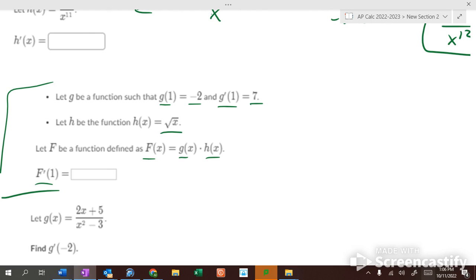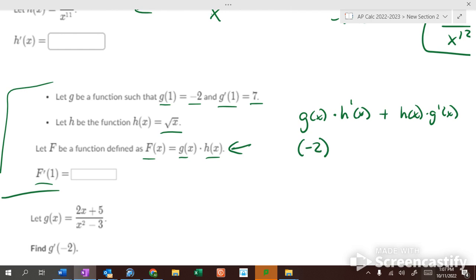So here we go. To find the first derivative of f at 1, we have to do the product rule. So it would be g of x times h prime of x plus h of x times g prime of x. Well, we know g at 1 is negative 2.